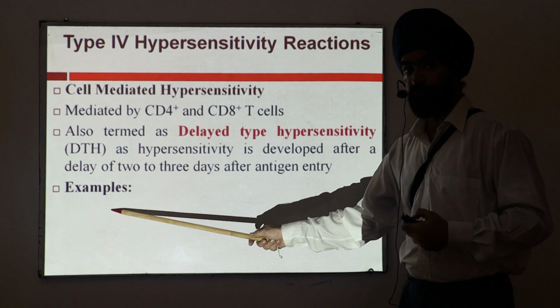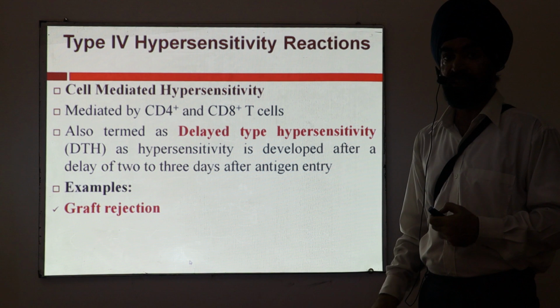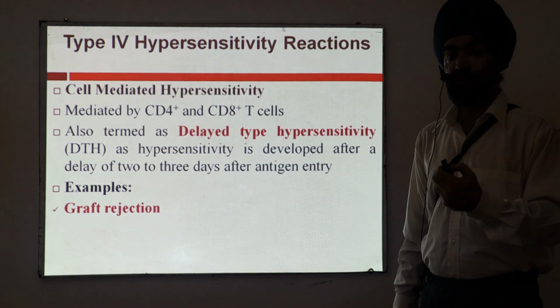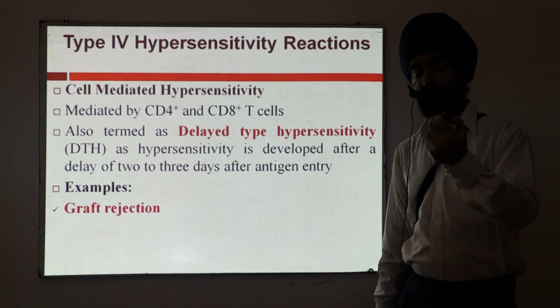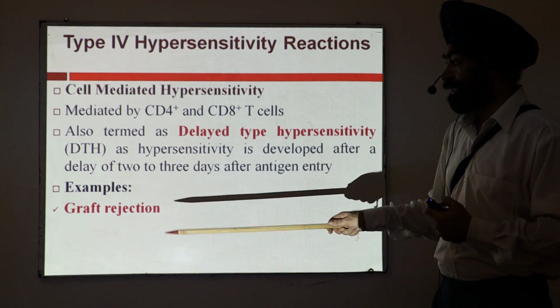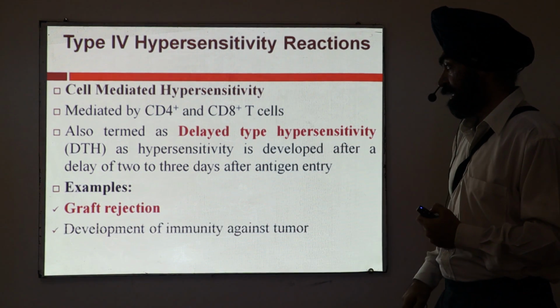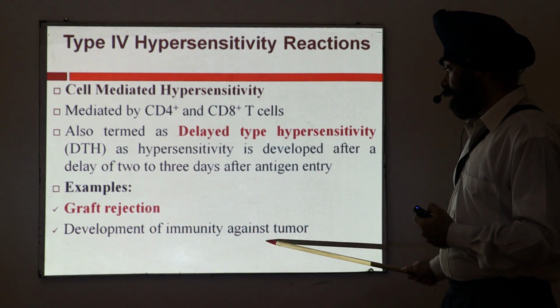So I will give some examples of type 4 hypersensitivity, like graft rejection, organ rejection. Let's say you have transplanted one organ from one person to another person. If that organ is not matching, then it is rejected, and that is rejected by type 4 hypersensitivity. Then tumor.